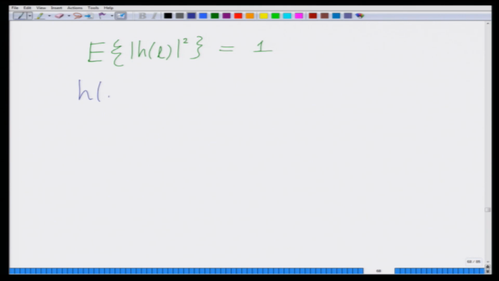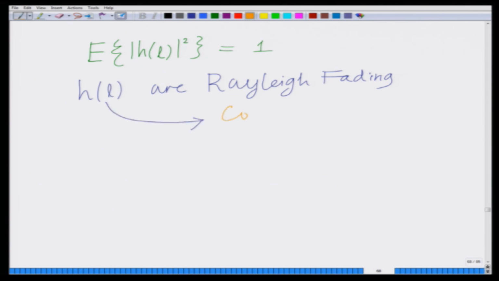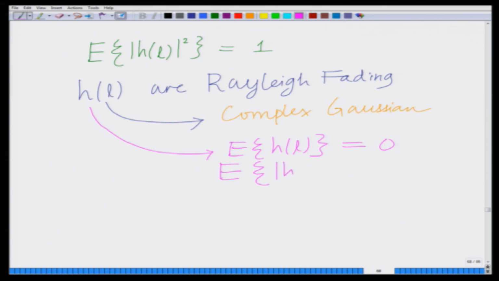So, what are we assuming? We are assuming the various h l are Rayleigh fading, which means each h l is complex Gaussian, the expected value of each h l is 0, and the expected value of magnitude h l square is equal to 1, that is, average power 1.